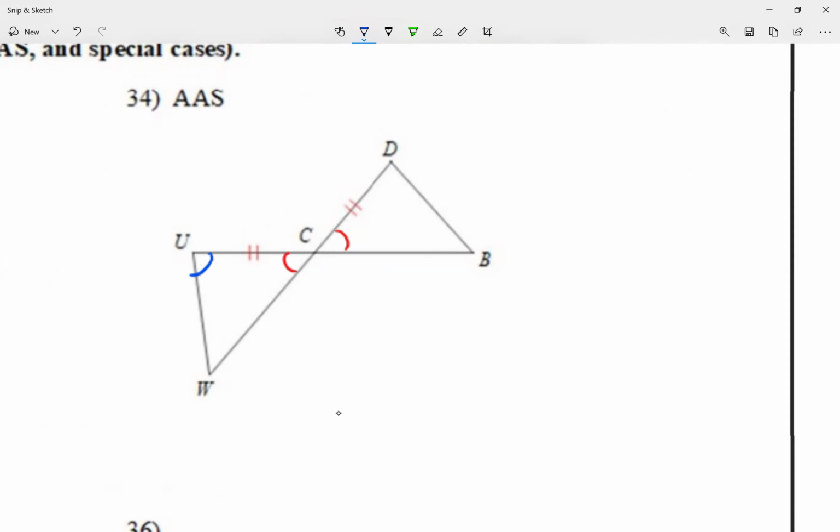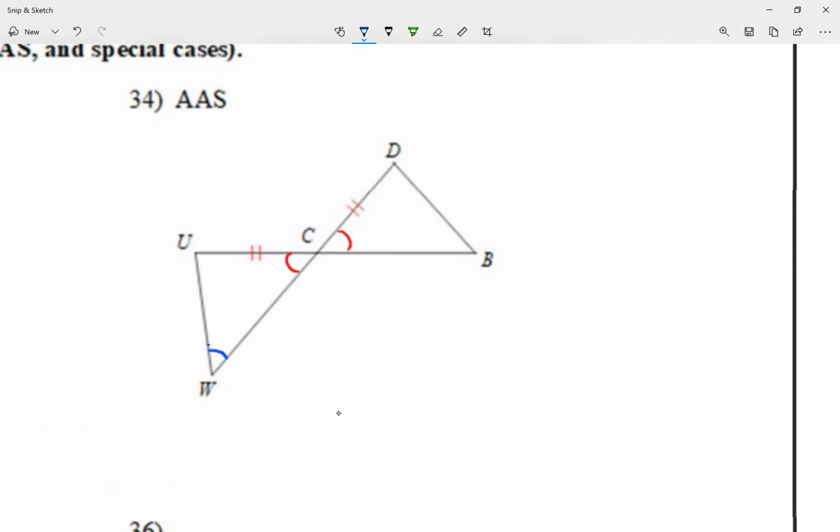No, because then the side will be between the angles. Okay, so in that case, no. I'm going to mark this angle, and on this other triangle, I ask myself, can I mark this angle? No, because the side will be between the angles. Okay, in that case, I'm going to mark this other angle. I have two angles and the side, but the side is not in between the angles.